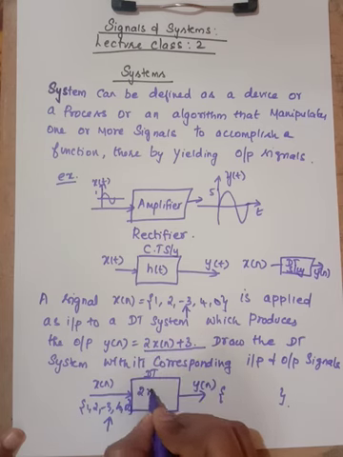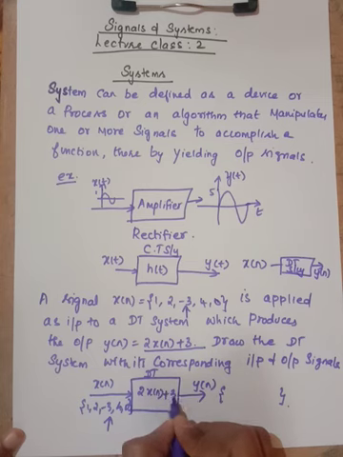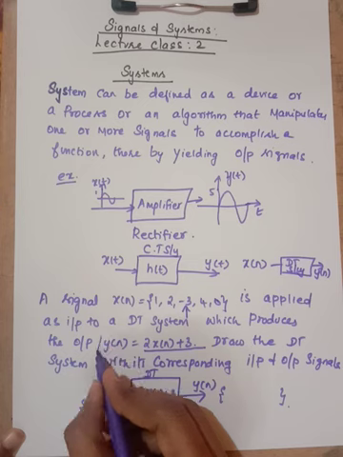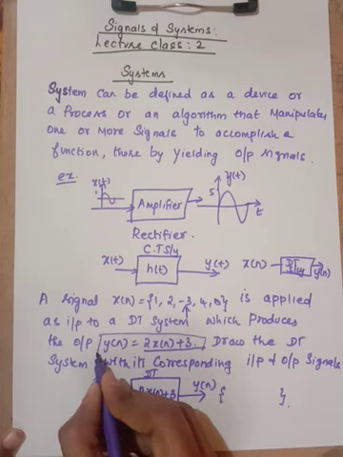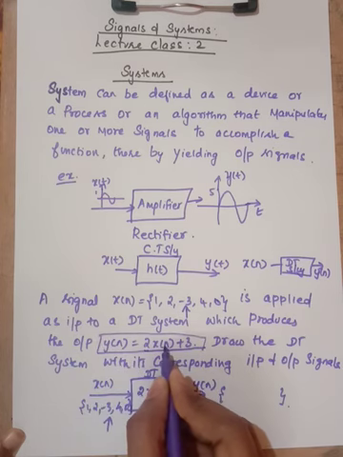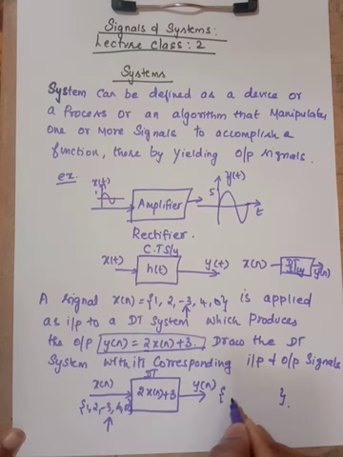This is the relation between the input and the output. If input x of n is given, the functionality gives the output y of n.